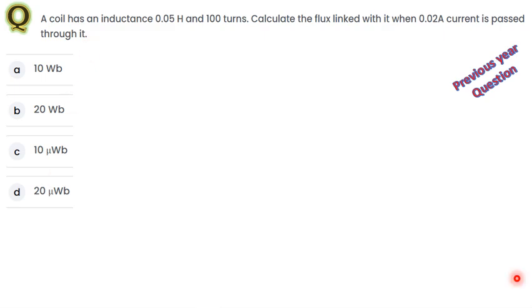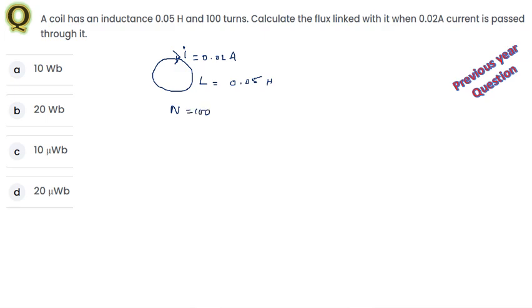Consider a coil of self-inductance L. The current passing through the coil is 0.02 ampere. The self-inductance given is 0.05 Henry, and the number of turns given is 100 turns.